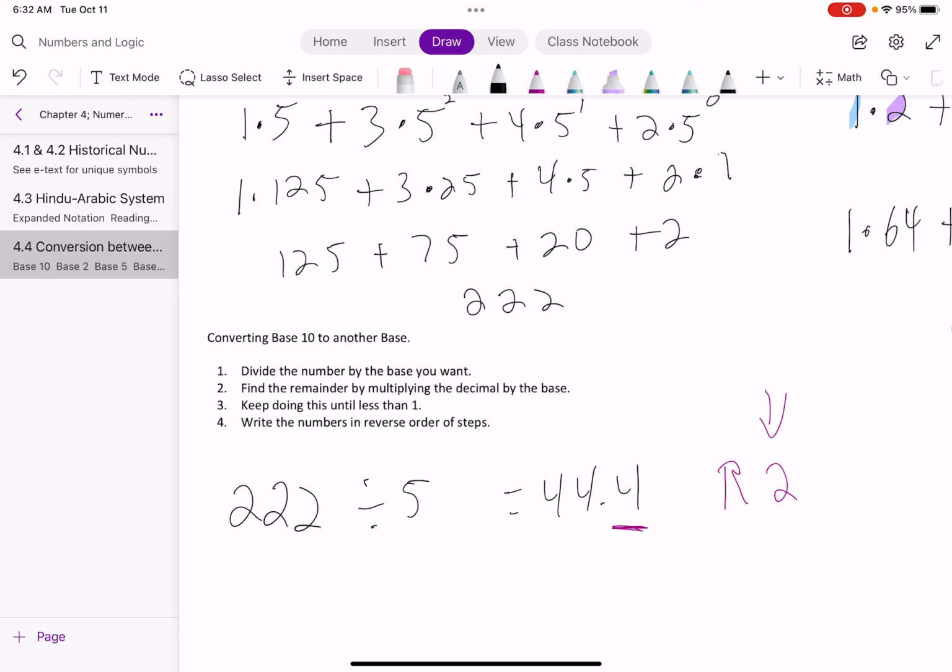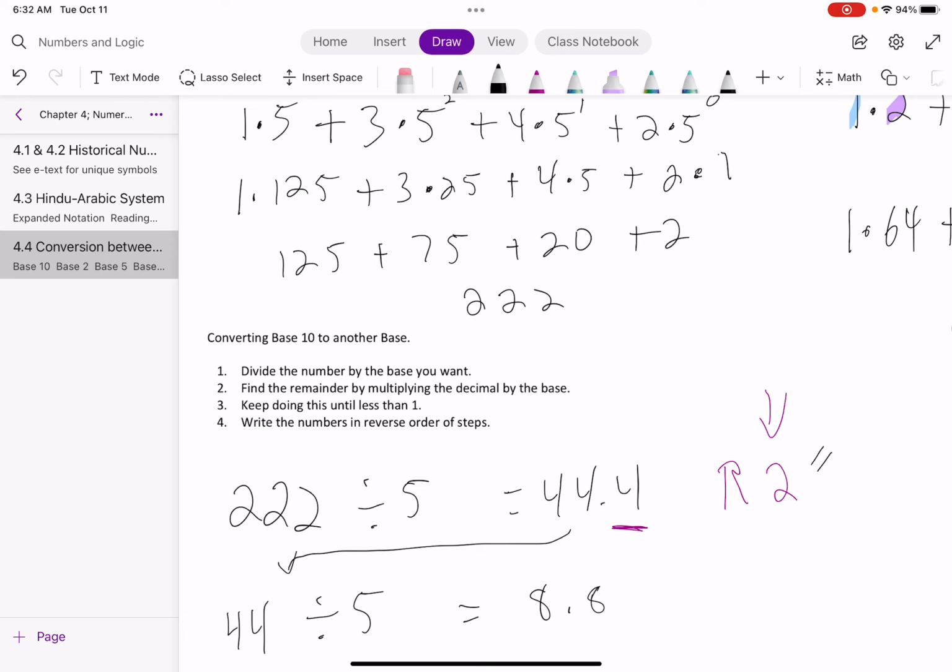So now what I do is I take this number as a whole number and I write it down here. So 44. Don't care about the decimal. I've already taken care of the decimal with the remainder. So 44 divided by 5, which equals 8.8. And again, now I'm going to take 0.8 and times that by 5, right?